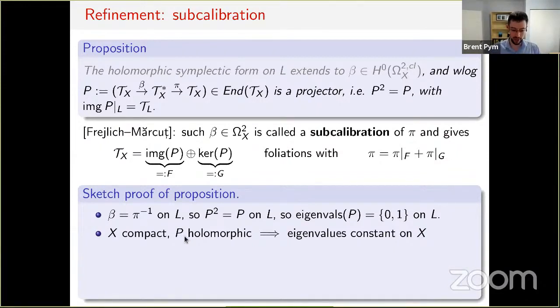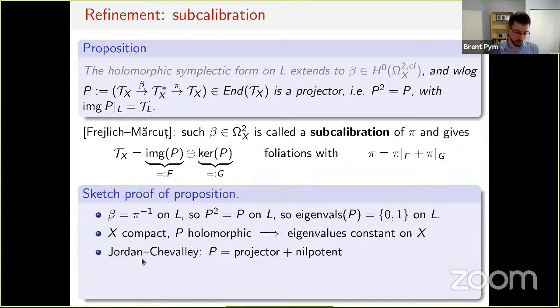And therefore, the coefficients of its characteristic polynomial are global holomorphic functions on X, which implies that the eigenvalues have to be constant. So in fact, the spectrum of this operator is always equal to the set {0, 1} over all of X.